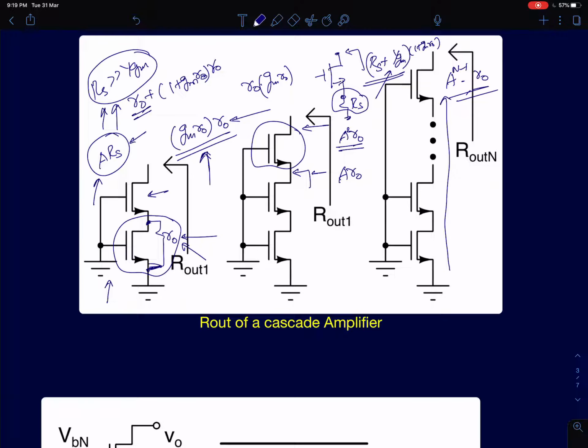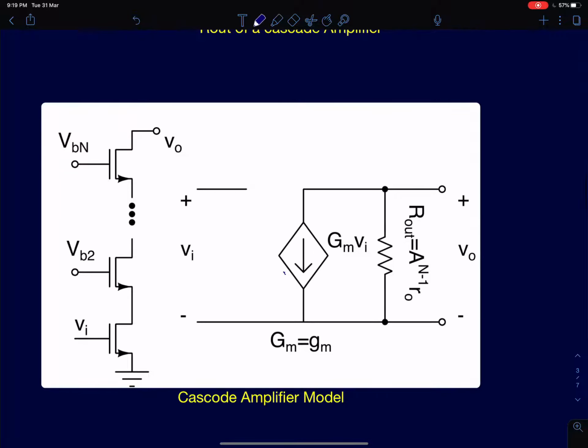So finally we have a small signal equivalent model for a cascode amplifier. Here the input resistance is infinity because your input resistance is seen into the gate, and Rout is very high. It's exponentially higher compared to a single stage amplifier.